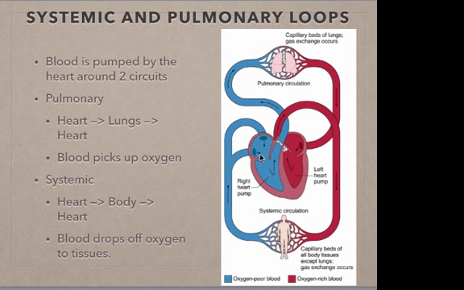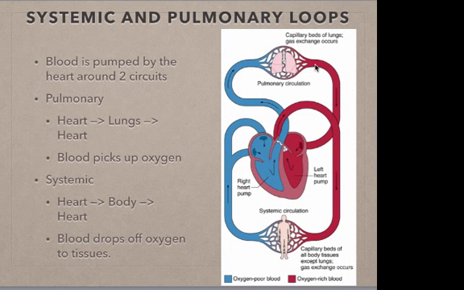So the blood that's coming in to the right side of the heart is blue, meaning that it's oxygen poor. And so it's going to head over to the lungs via this pulmonary circuit, and it's going to pick up a bunch of oxygen in the lungs, and it's going to get rid of some of the metabolic waste that it's carrying, so carbon dioxide will diffuse out into the lungs.